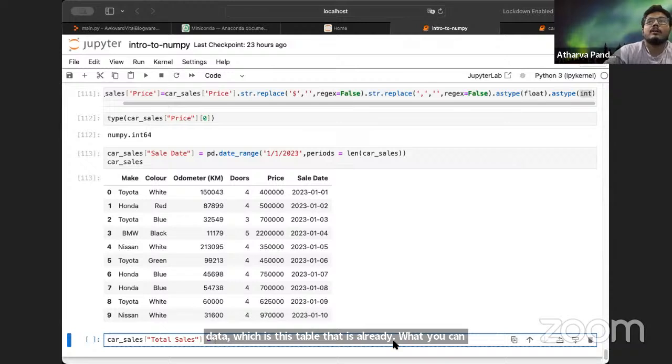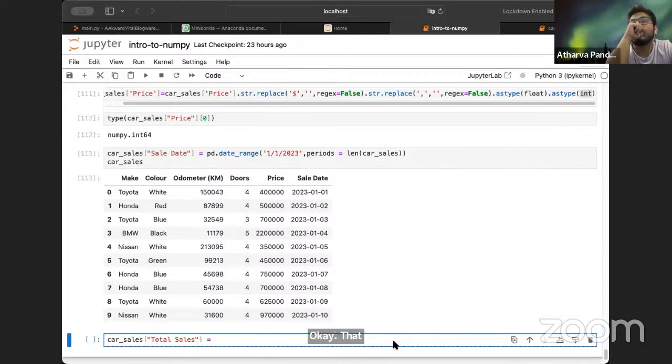And that is wrong, Avinash. Okay. Ritika, that is correct. The only thing that you missed is having type as float, but other than that, it's correct.